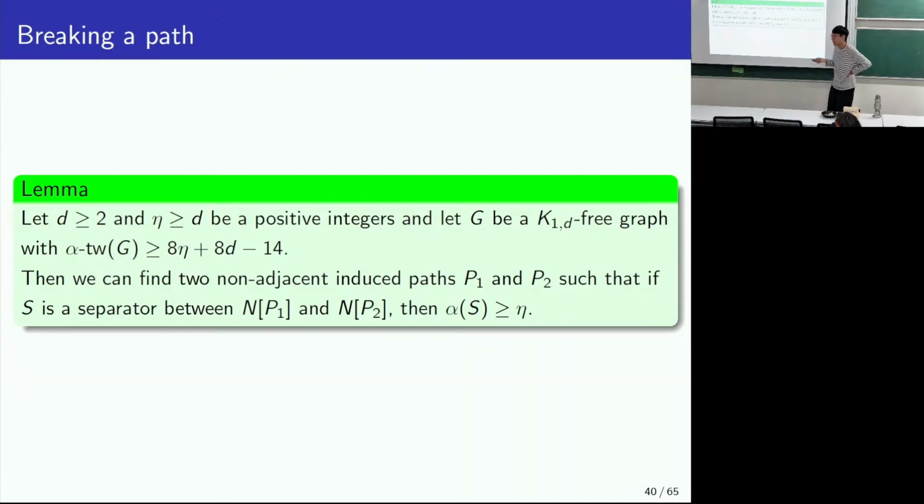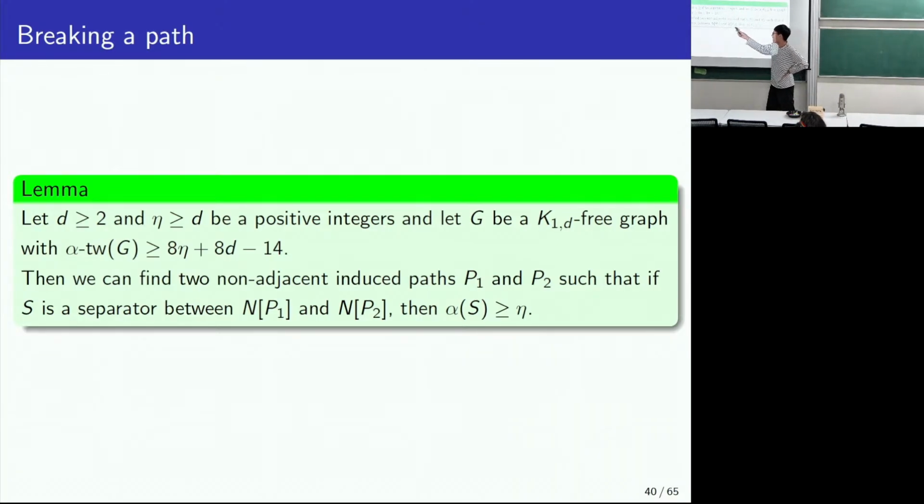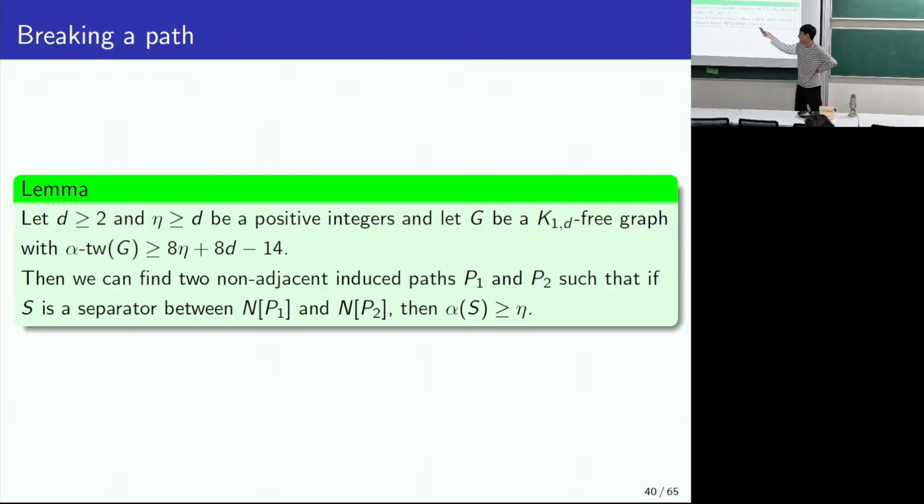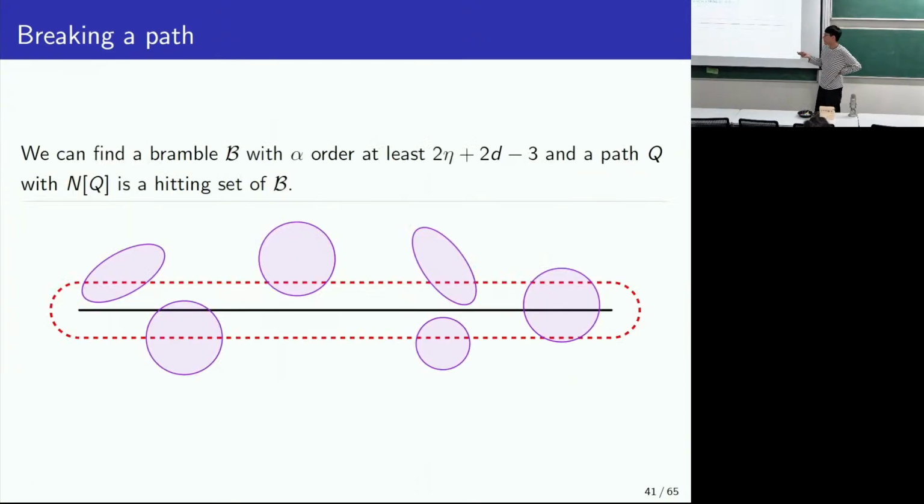First, we have to break this path into two pieces, such that between these close neighbors of these two paths, any separator between them has large independence number. I will show how. So let's say we are in a K1D-free graph with large tree independence number, then we can find a strong bramble with large alpha order and a path whose close neighbor meets all the bramble elements.